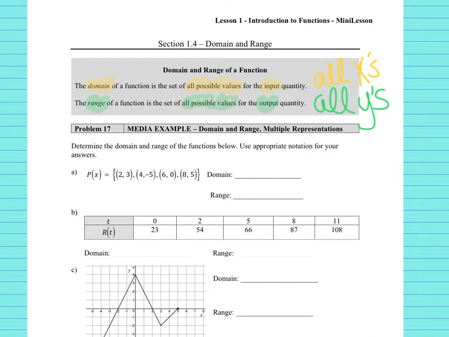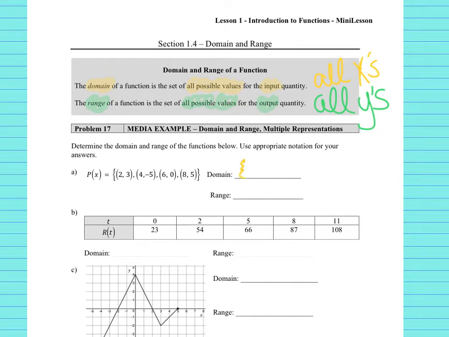So start with your smallest and count up to your biggest. Even if they're not in that order in the set that's given to you, you're still supposed to write them in ascending order. And we write the set in brackets, kind of like what you see out there. So for our x's, I'm going to make a bracket, and I'm just going to go ahead and warn you, I'm terrible at drawing these bracket things.